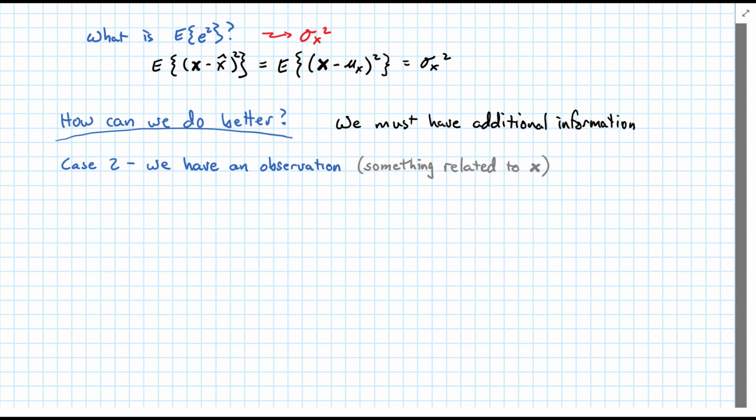So we're going to express this mathematically as our estimate x hat is now going to be equal to some function h of an observation y, evaluated at a specific observation, y equals y.